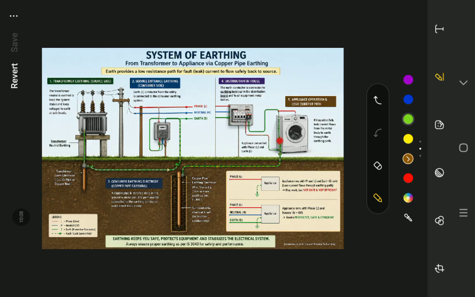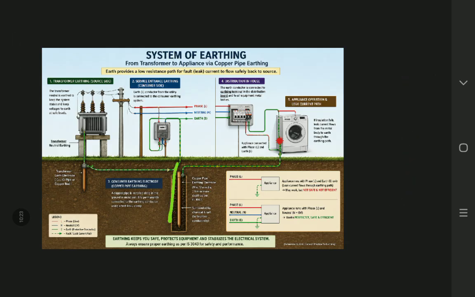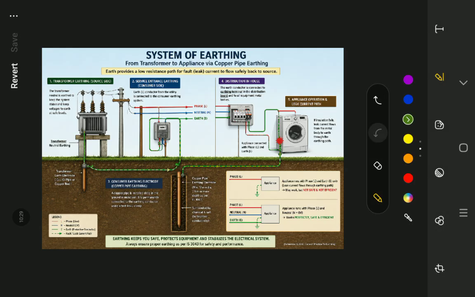So now as we see here, the concept of earthing: a copper pipe is installed deep in the ground in moist soil. It is permanently connected to the earthing conductor using a test link clamp. A pipe should also be placed to ensure water enters the ground and keeps it humid or moist, such that the earthing becomes strong.